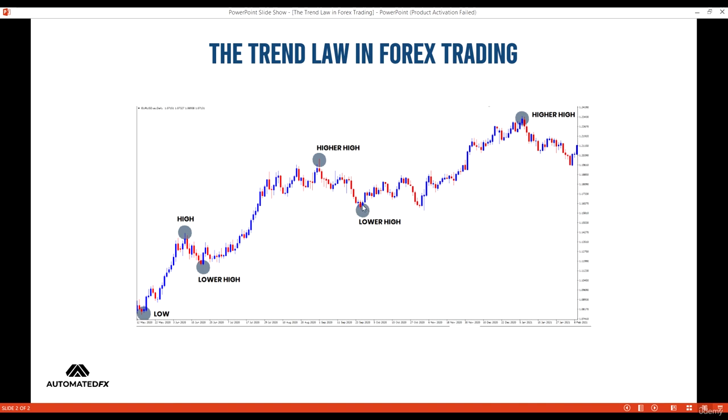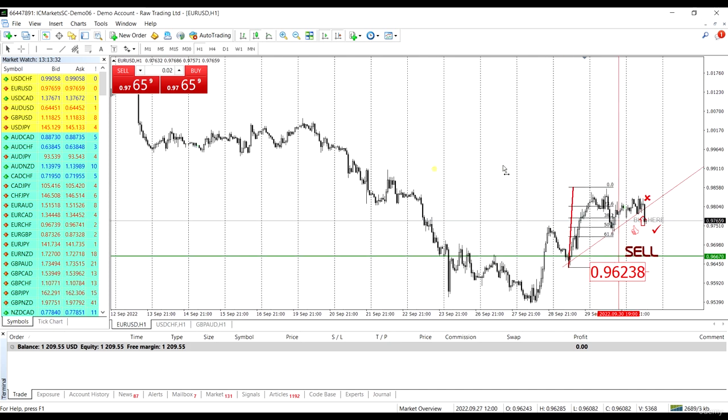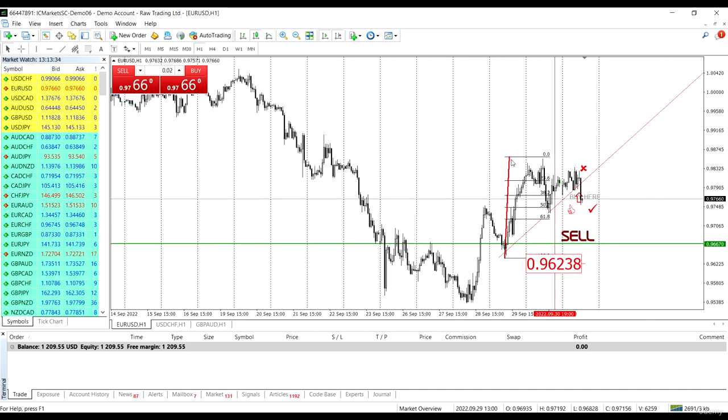So this is an example of a trend. Imagine you enter the market at this point, you'll be making this profit. If you enter at this point, you'll be making this profit. So that's what the trend is all about. One thing you have to understand is never go against the trend. That's the most basic rule I can give to you. Once you can identify the trend, 50% of the job has been done.